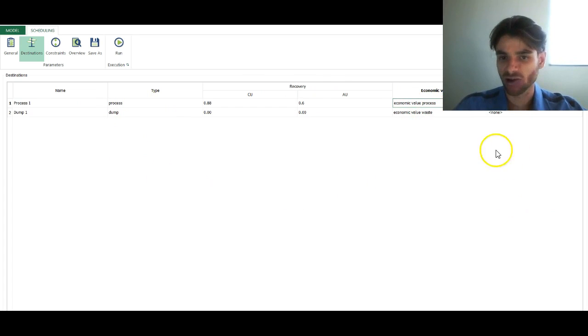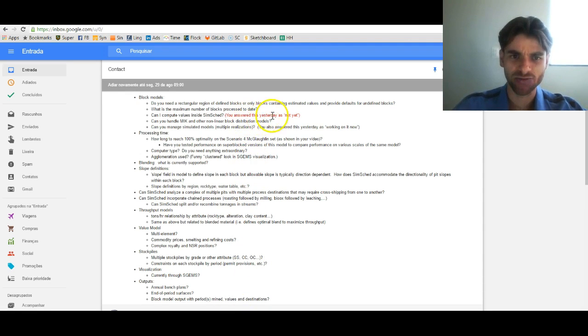You can have multiple processing routes, multiple waste dumps, each one with a different economic value. So just place the values in the imported block model according to your estimation method or simulation.